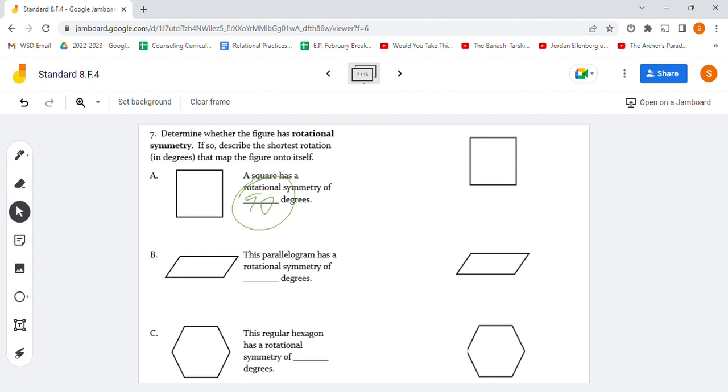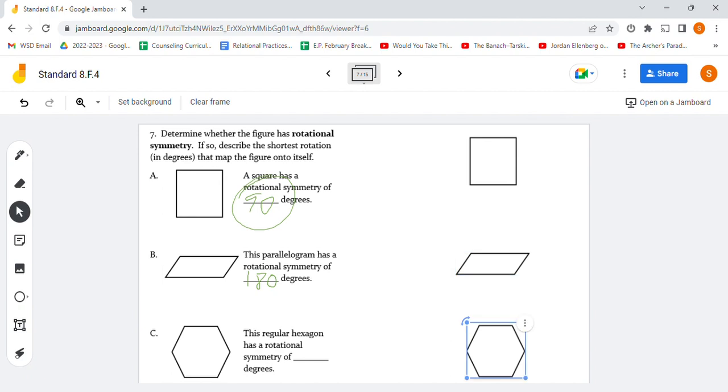For this parallelogram, I've got to rotate this all the way 180 degrees before I can return it back to its original shape. So the parallelogram has 180 degree rotational symmetry. And then another 180 degrees and we're back to its original position.